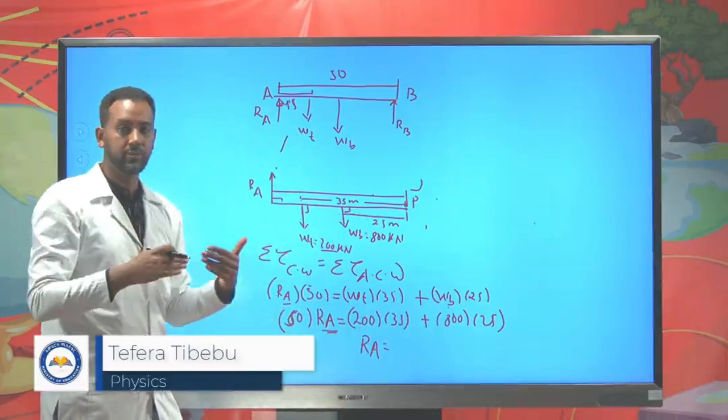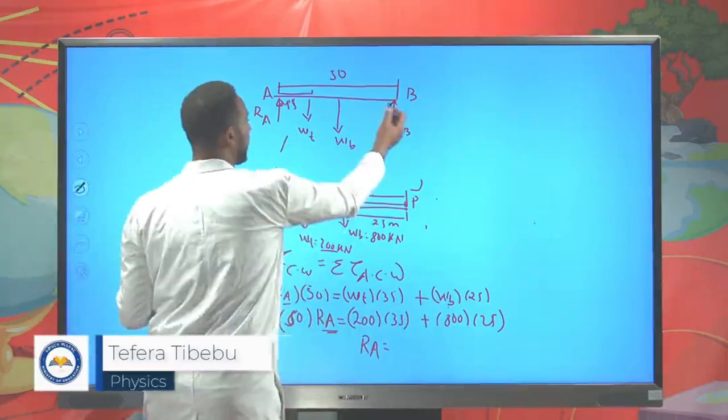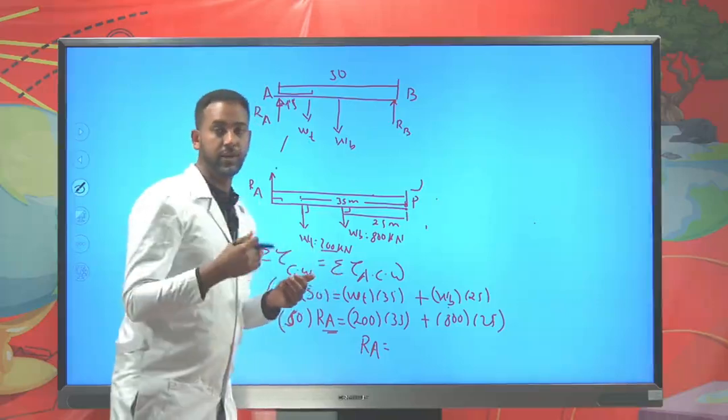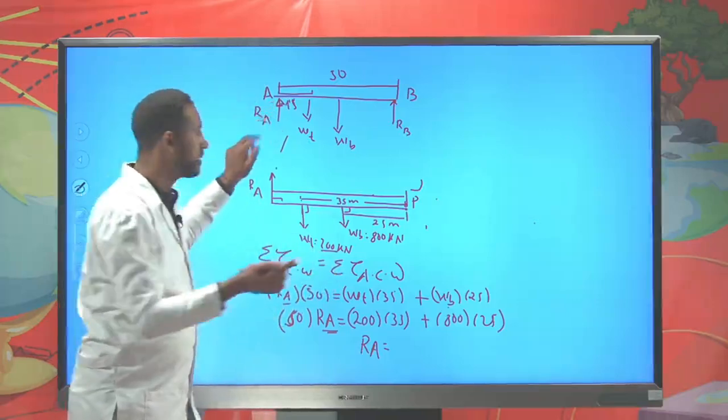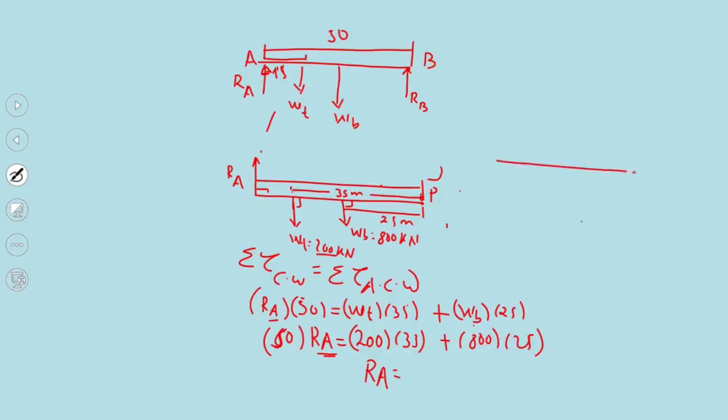But if you want the reverse, if I need to find the reaction at point B, we can take point A as the pivotal point. Meaning, like this, you can choose this to be pivotal point P. The force acting upward from this pivotal point is the reaction force at point B. And here we have the weight of the bridge and the weight of the truck.